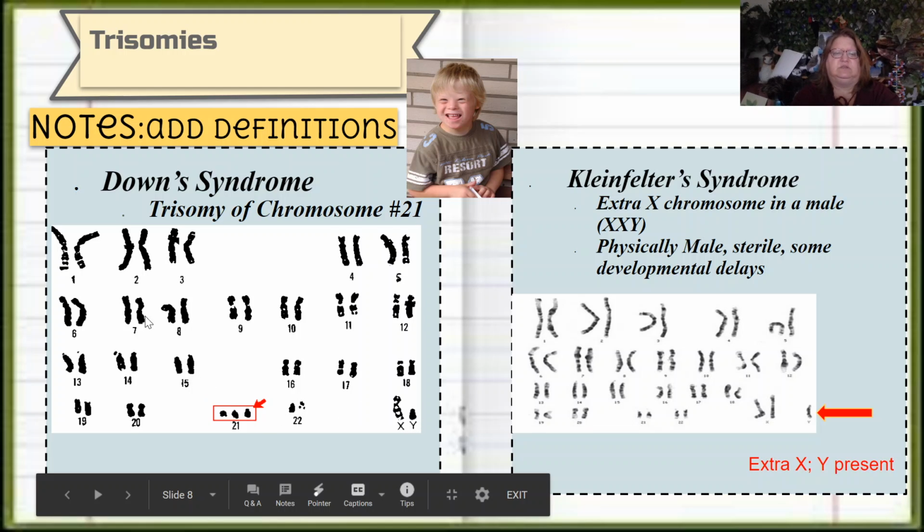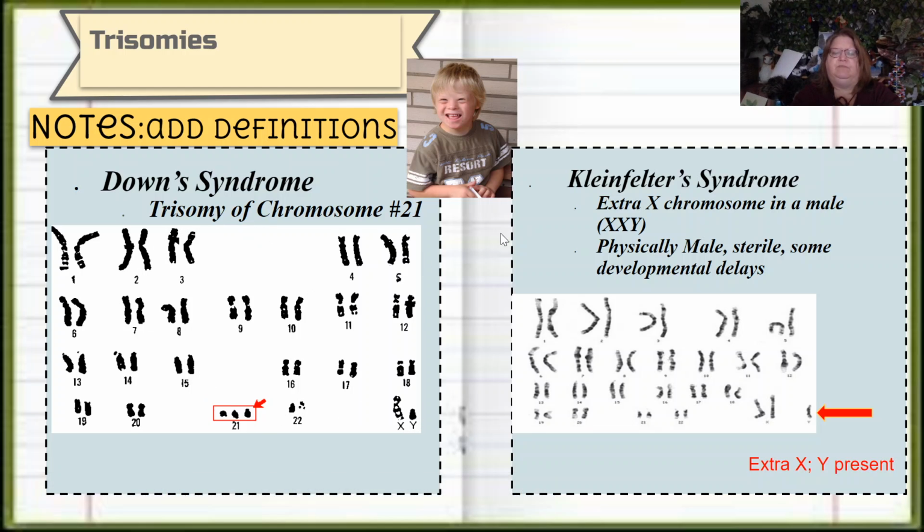And there's your example. Another example of a trisomy would be Klinefelter syndrome, where there's an extra X chromosome in a male. So this would be XXY. As you can imagine, that's going to cause some problems because the body's getting conflicting signals.